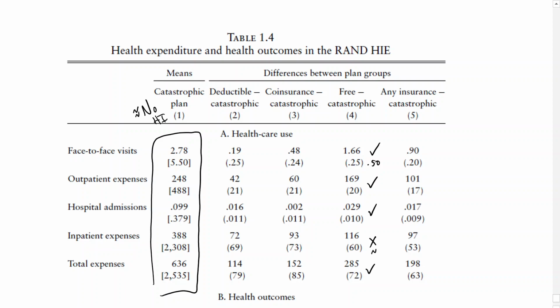So that's almost, but not quite statistically significant there at a 95% confidence level. But then we also had more total expenses.